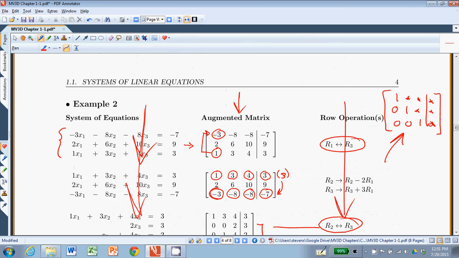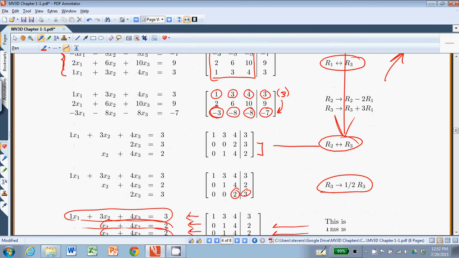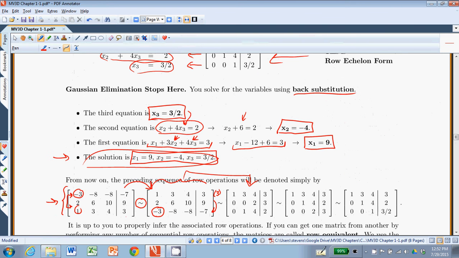I started off with this system of equations where I had 3 equations and also 3 unknowns, or 3 variables. What that means is it results in a square coefficient portion of our augmented matrix. That's why it's called a square system: the same number of equations as there are unknowns.